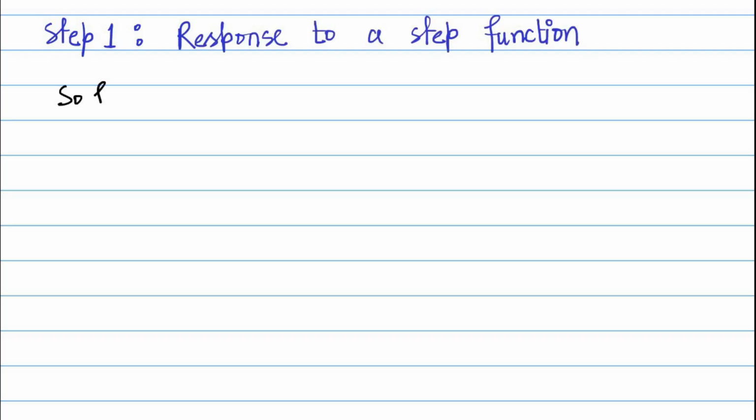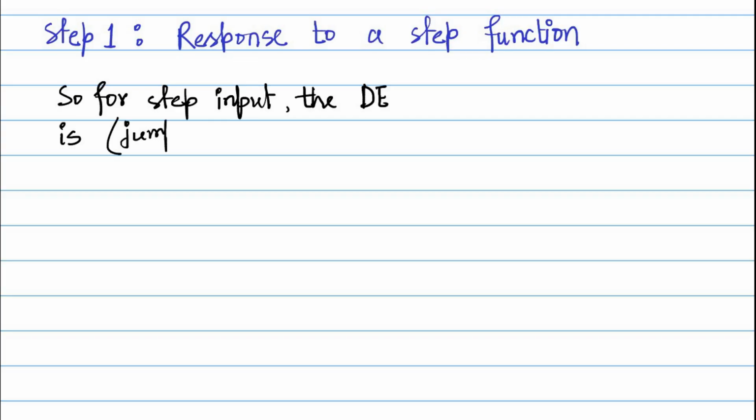So for the step input, that means the f of t, the external input or the source function or the non-homogeneous part, is going to be a step function. So for the step input, the differential equation is going to be, and of course there has to be a jump at some point, so we'll have to have a jump at t equals t0.